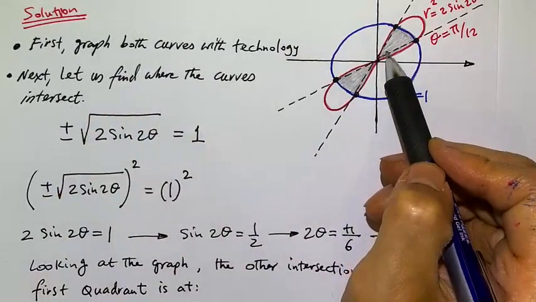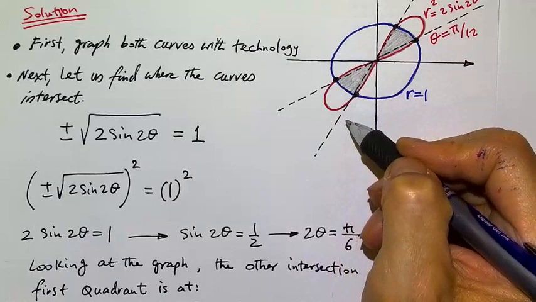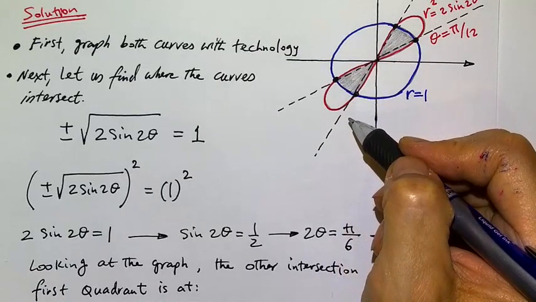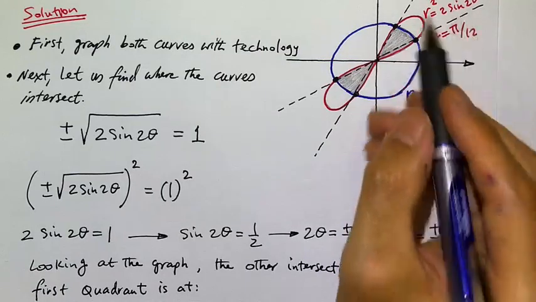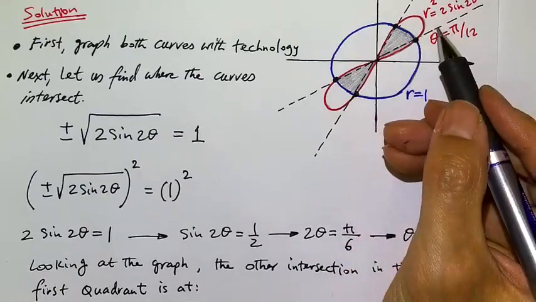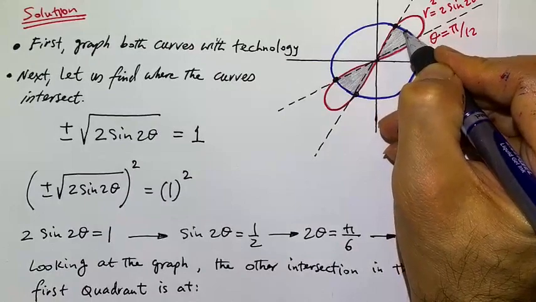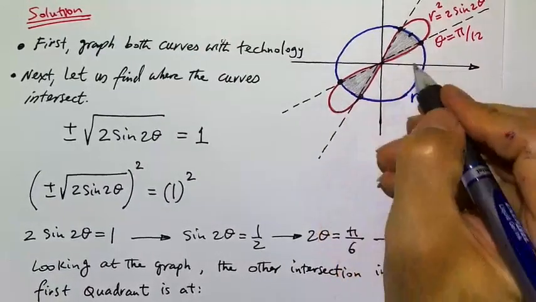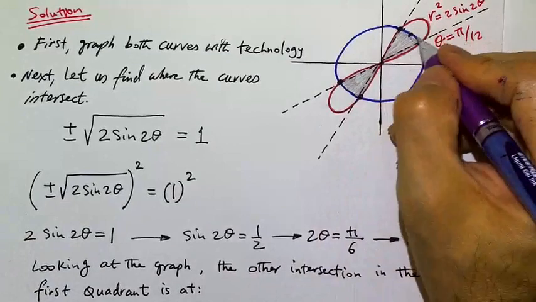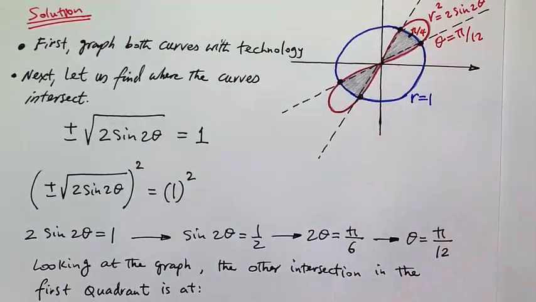Okay? So we have 1, 2, 3, 4 such pieces from 0 to pi over 12, and then we have from pi over 12 to pi over 4. For the sake of clarity, let me put just a dot there, and I'm going to say pi over 4. I hope that doesn't complicate things.